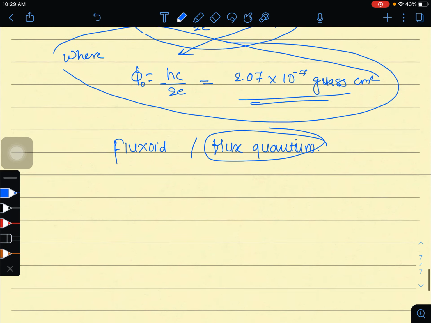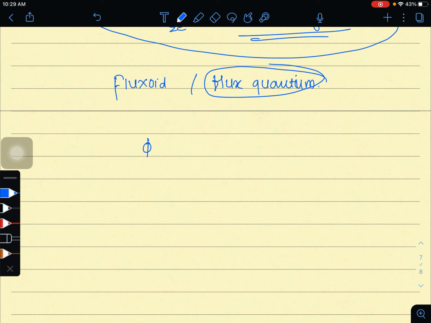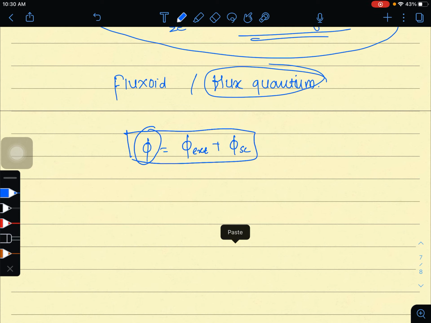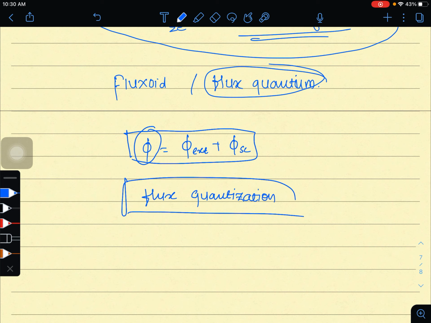With the help of this equation, we can easily write phi is equal to phi external plus phi SC, that is the superconducting part. So this is called the flux quantization.